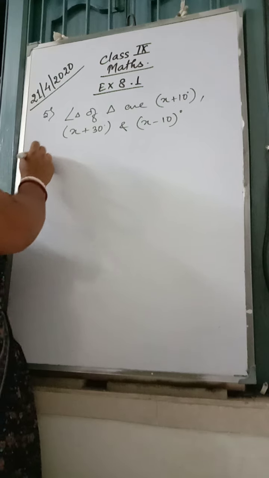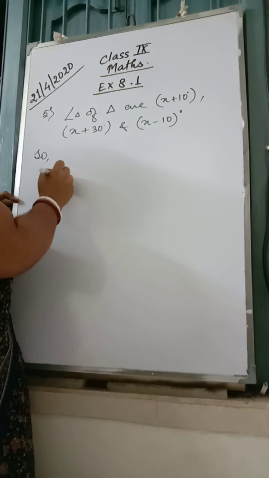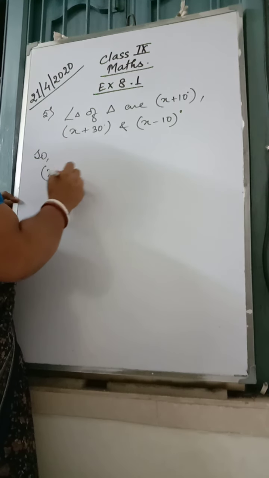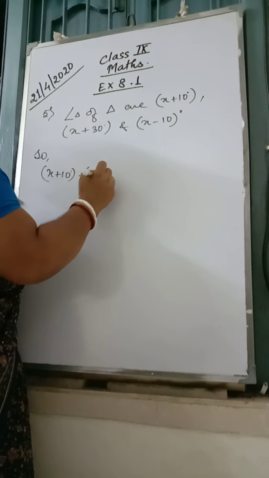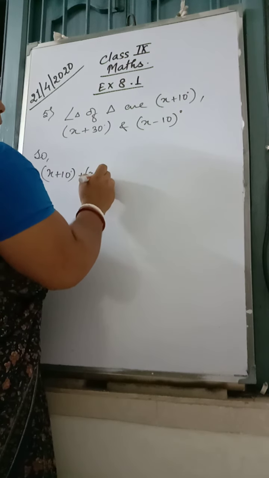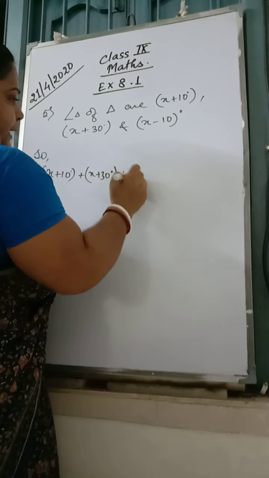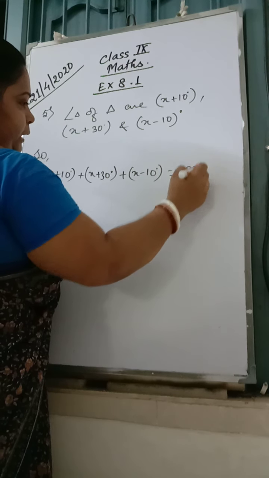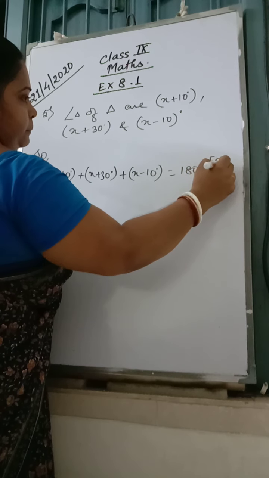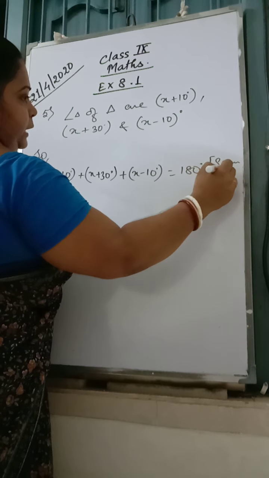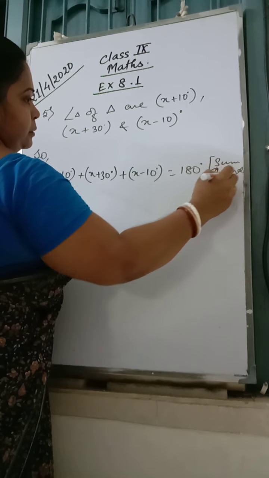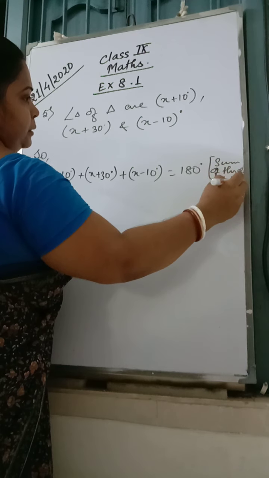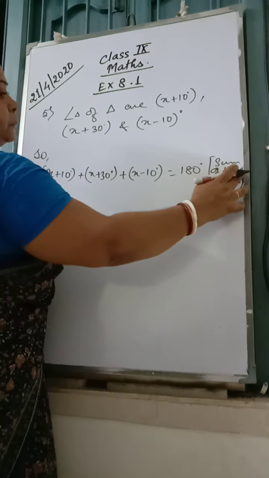Therefore, we can write x plus 10 plus x plus 30 plus x minus 10 is equal to 180 degree. Why? Sum of 3 angles of a triangle is 180.